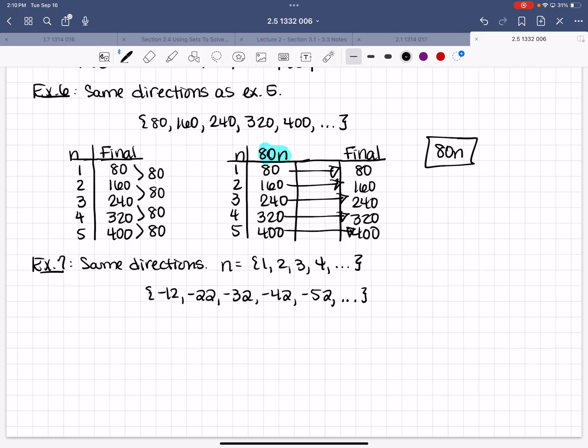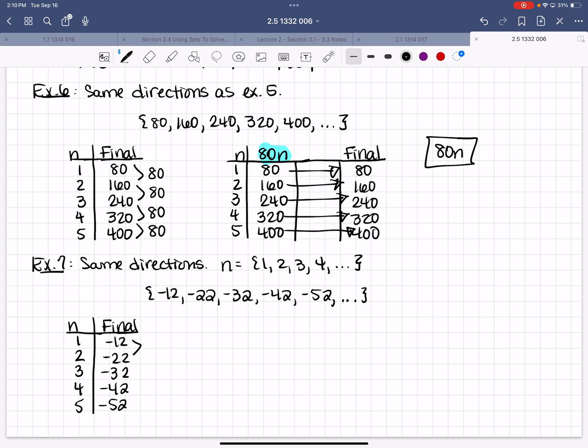Okay. I've got my n, which is 1, 2, 3, 4, 5. And then I have my final, which is -12, -22, -32, -42, -52.